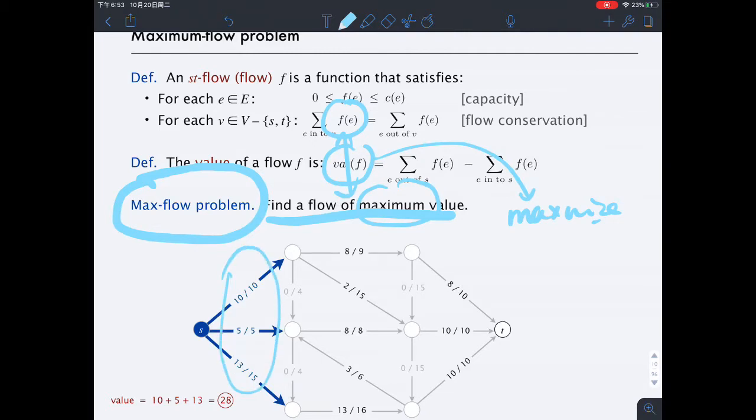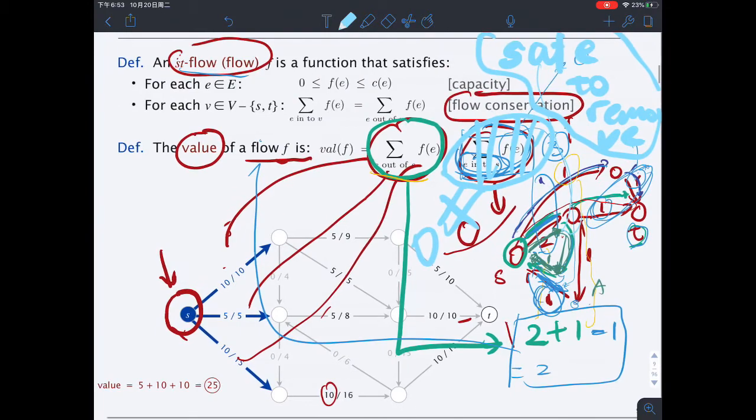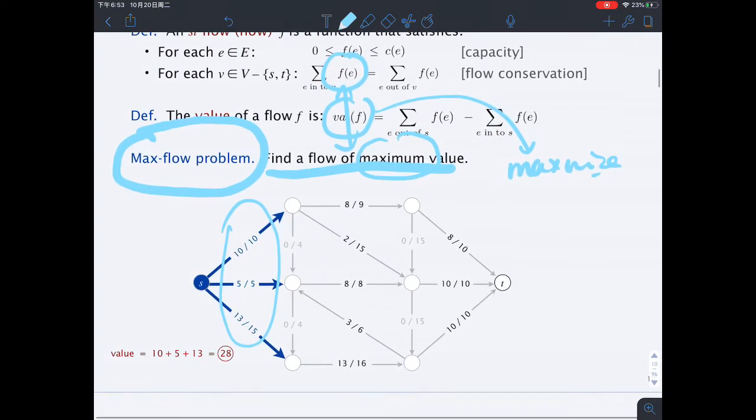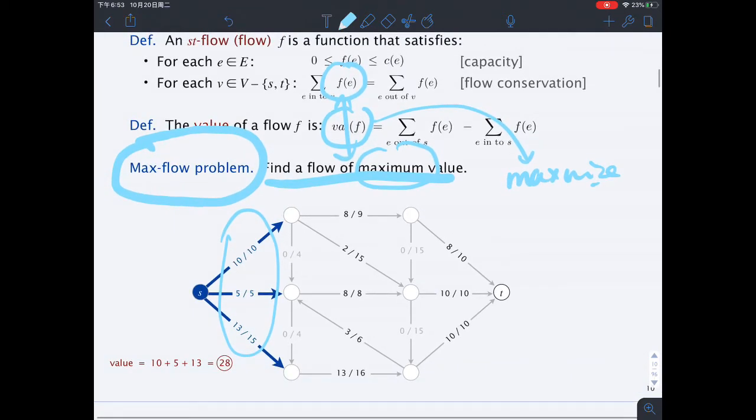It turns out the value of the flow in this network is, it's actually 28. It's a bit better than what we have been doing here. It's 28, and that's actually the best that we can do.